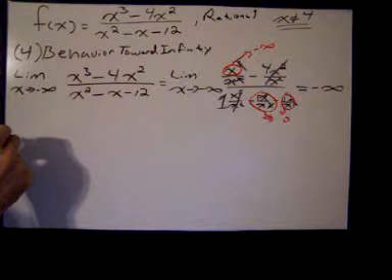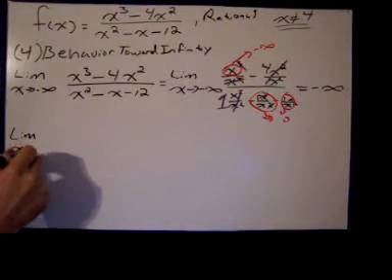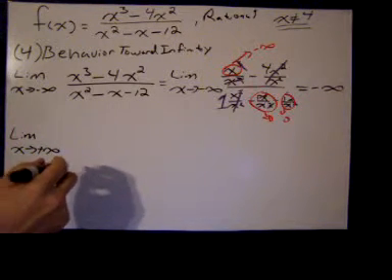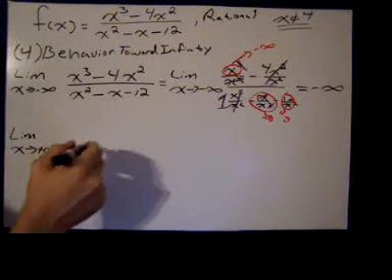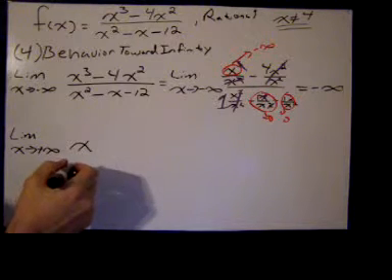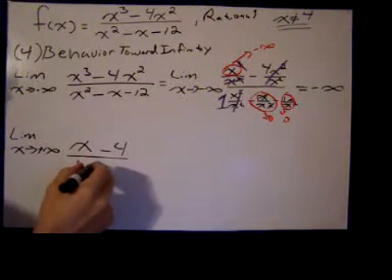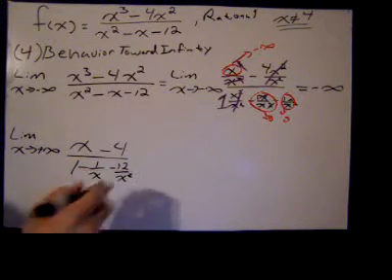I've heard them called both. Anyway, now we take the limit as x approaches positive infinity, and we do the same thing. In fact, I'm going to just write what we got here. After we did this step before, we got x minus 4 over 1 minus 1 over x minus 12 over x squared.